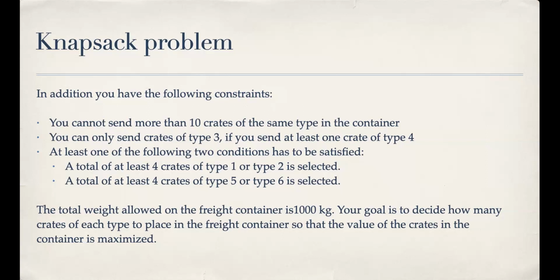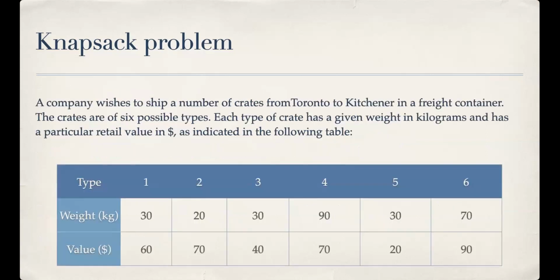So what is our objective? Back to our objective function. Maximize what? The value, right? The total value. Based on this information, the values of each type are given in this table already.